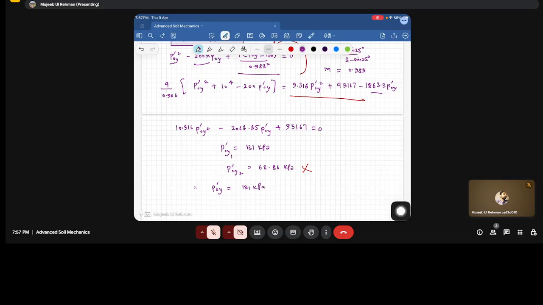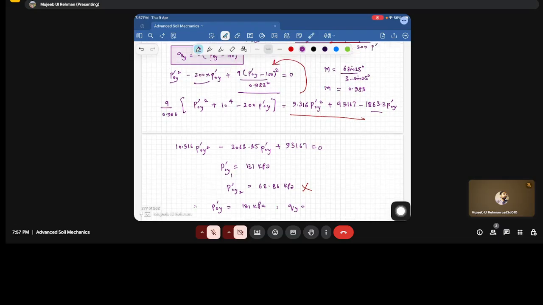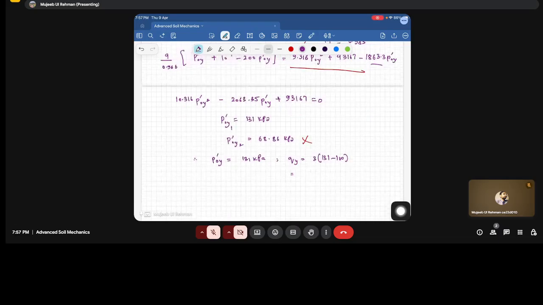Fine. And corresponding to this, Qy will be equal to 3 into 131 minus 100, which is equal to 93 kPa. Correct?